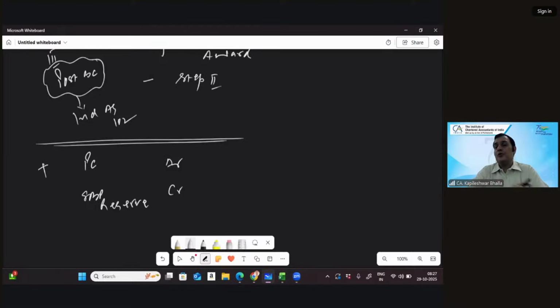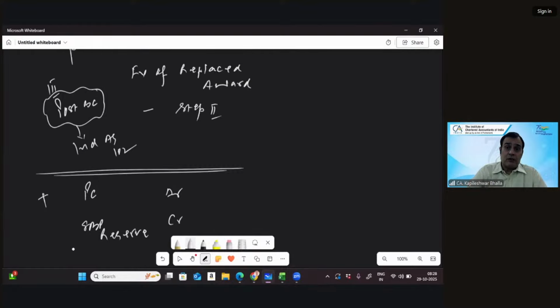This is, I think, the crucial entry, because once you've taken this as a part of the purchase consideration, then you need to put an additional entry: PC gets a debit and the SBP reserve gets a credit at this stage.